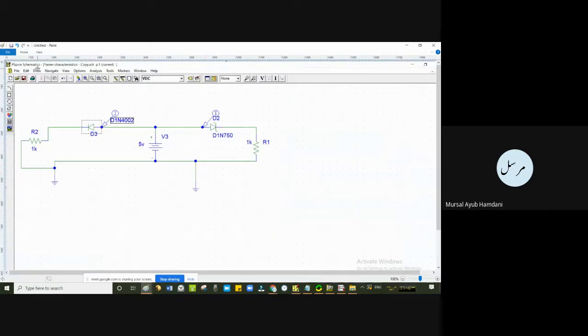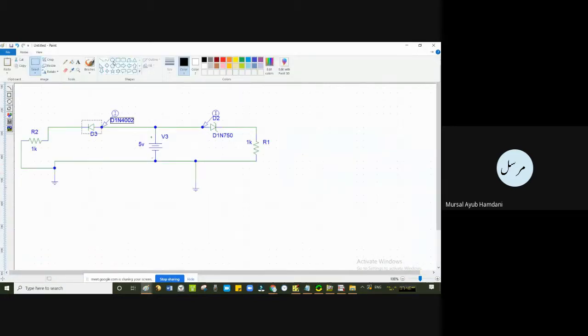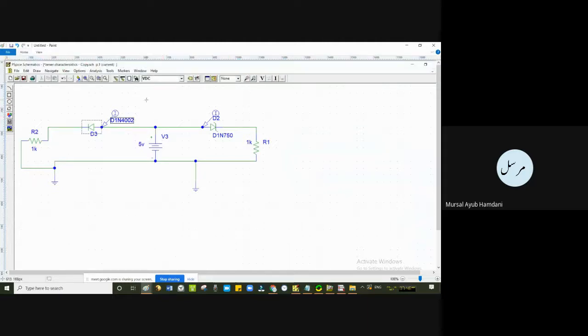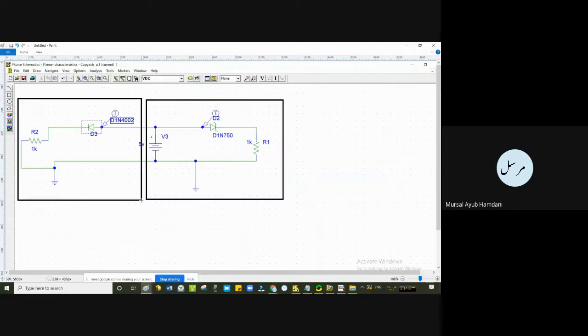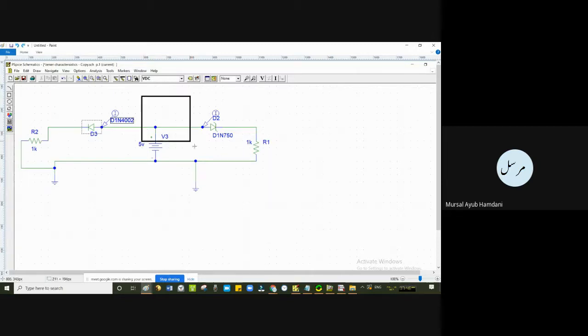We have two portions of this. One is this portion, another is this portion. Let me first discuss this portion.